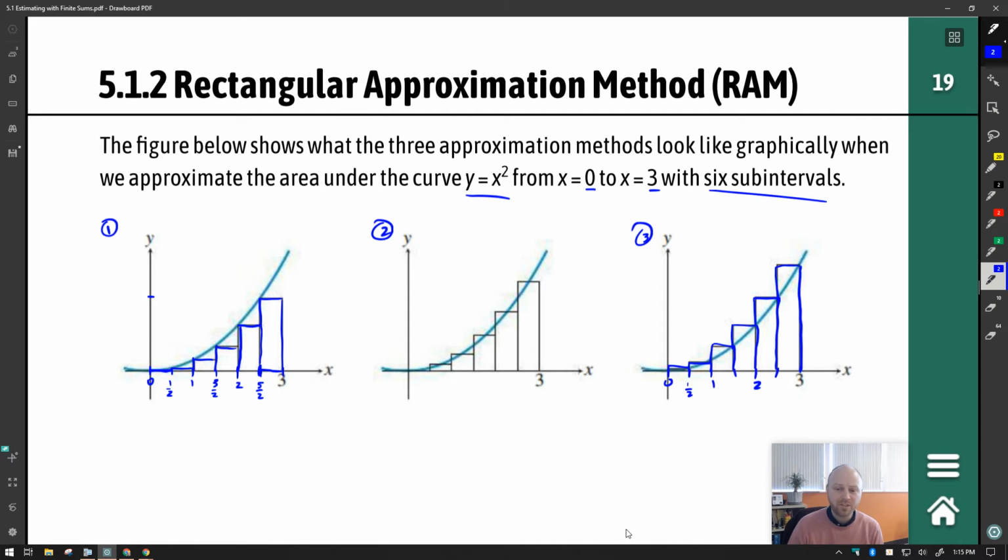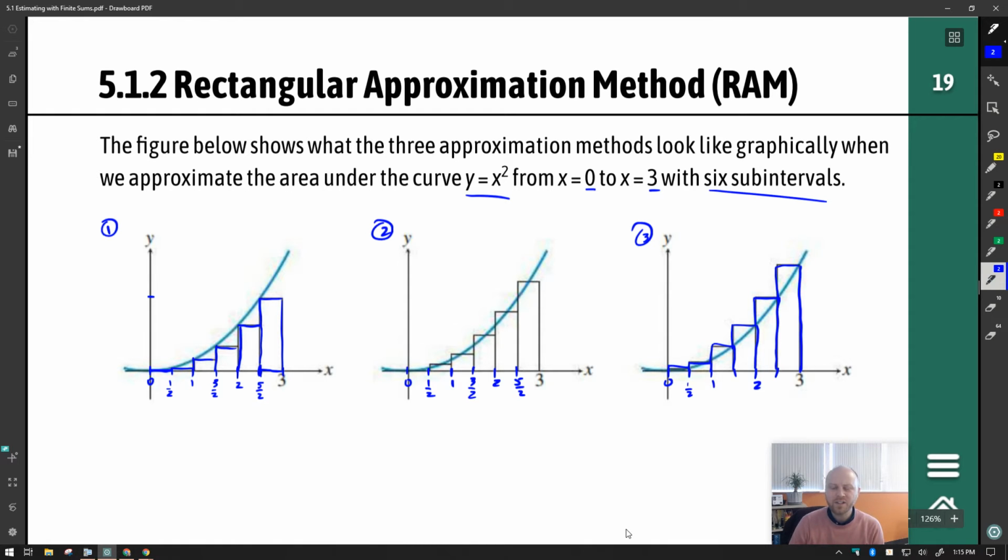And then finally, number 2, this is your MRAM. This is the midpoint rectangular approximation method, because look at the heights here. Yes, we still start from 0. We go to 1. Here's 2. There's our 3. We have our subintervals of 1/2 and 3/2 and 5/2.